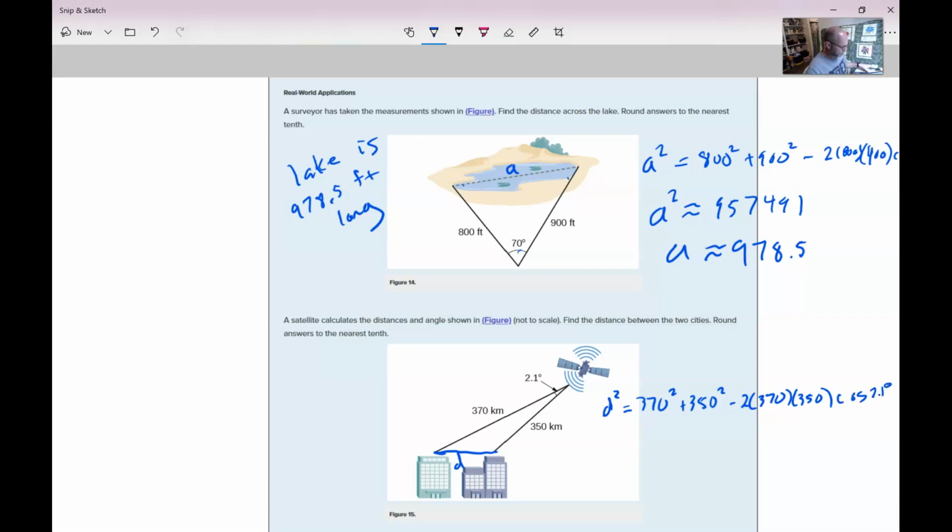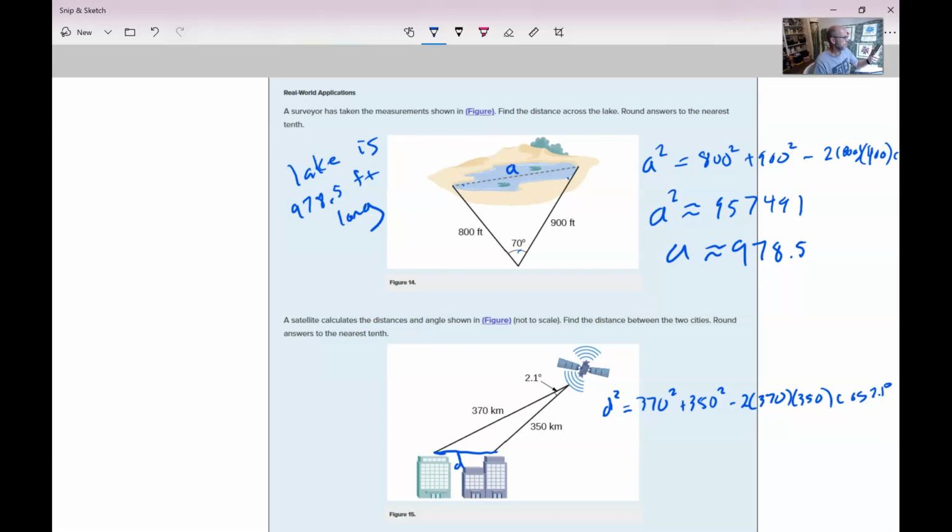So once again, grab the calculator. We go 370 squared plus 350 squared minus 2 times 370 times 350 times cosine of 2.1.